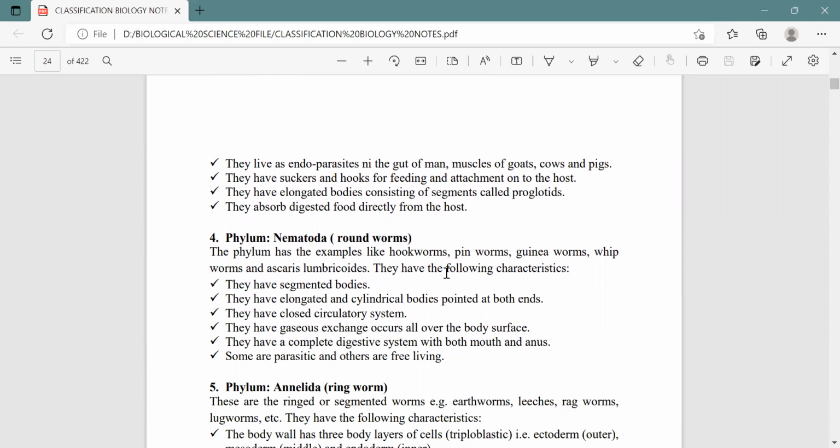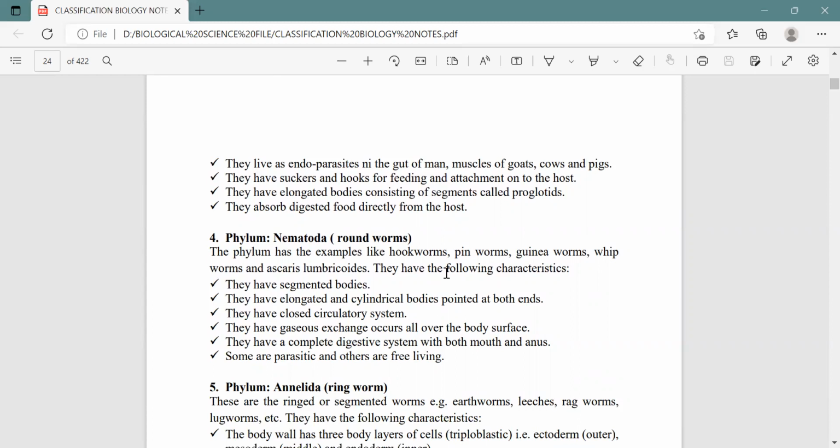It's a nematode. They have unsegmented, elongated and cylindrical bodies pointed at both ends. Gas exchange occurs by simple diffusion all over the body because they have simple bodies, and therefore they don't need to develop specialized structures for gas exchange.